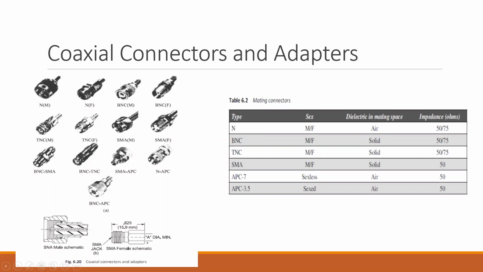For example, we can see there is an N-type connector, which is actually a Navy type connector. Then we have a BNC, a Bayonet Navy connector, then TNC, then SMA. These are the different connectors we can observe over here.